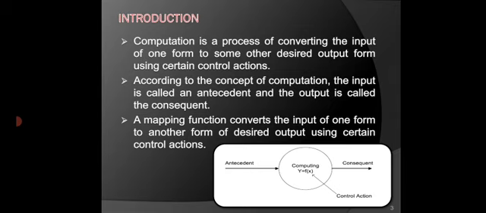According to the concept of computation, the input is called the antecedent and the output is called the consequent. A mapping function converts the input of one form to another form of desired output using certain control action.